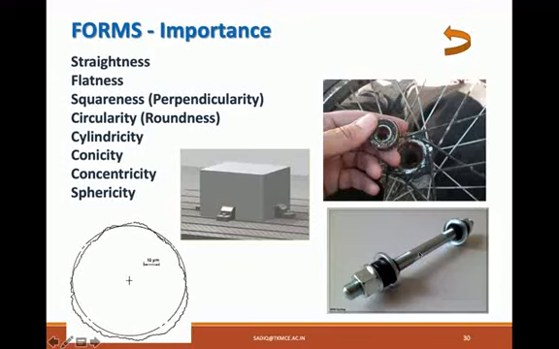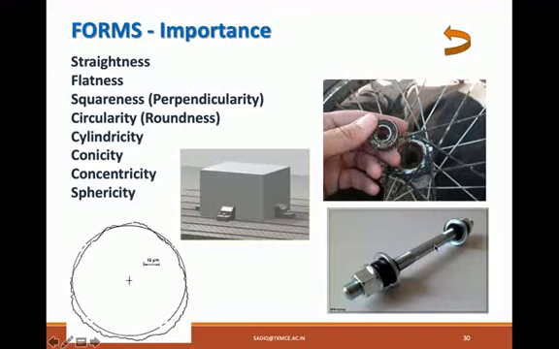If this is a stud that is meant for going inside through the hole, unless this shaft is straight and cylindricity is maintained, it will not go through, even if the diameter is maintained all over the length. So the cylindricity of this shaft is very important.